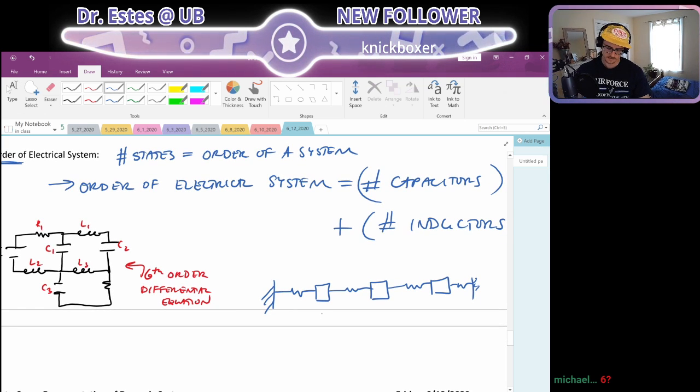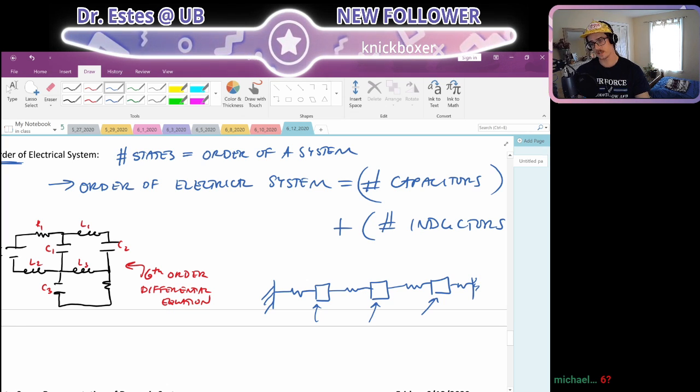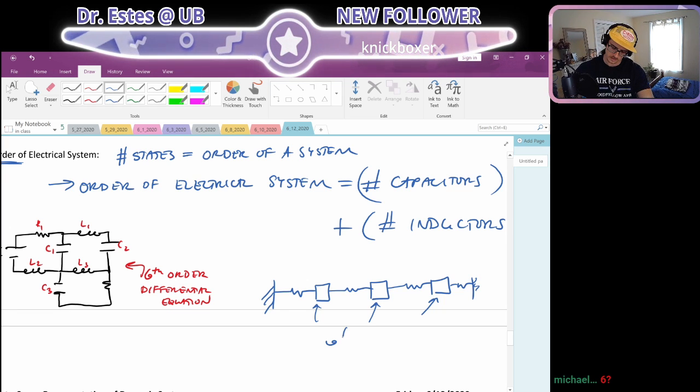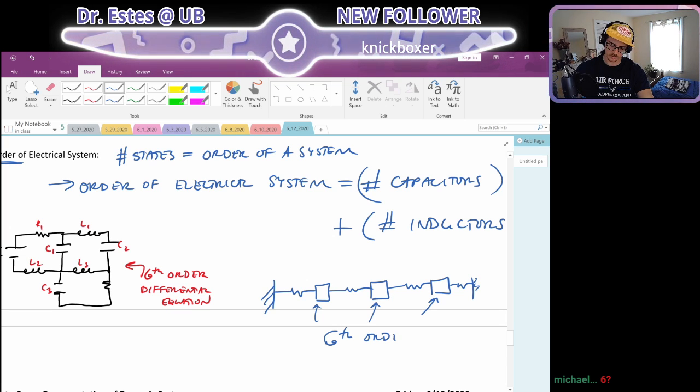Each mass that you see in there contributes 2 orders or 2 states, because a typical state is like position and velocity, and each mass is described by those 2 states. So like this is a 6 order system.